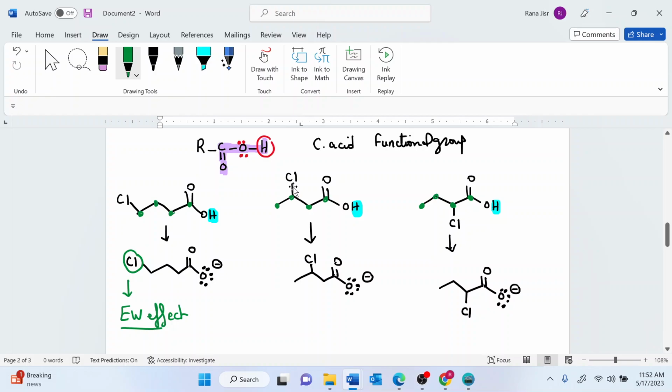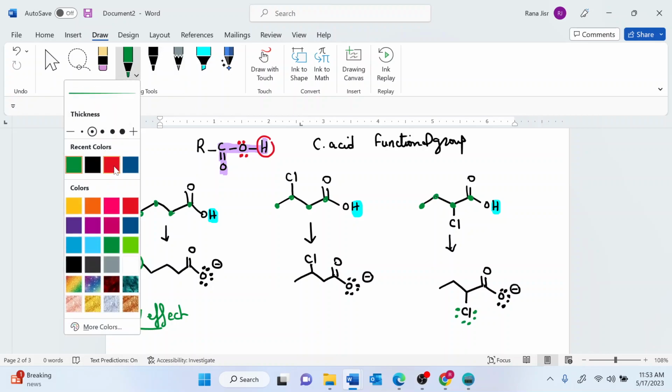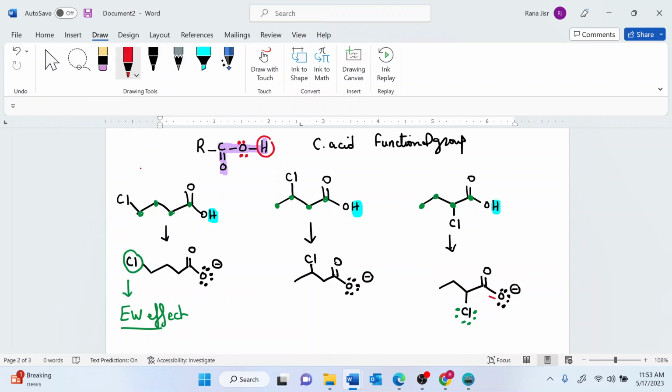Now, as the chlorine goes closer to the acidic hydrogen, in this case over here, see how chlorine is very close to the acidic hydrogen. It's actually adjacent to it. The acidic hydrogen is connected to the oxygen, to the carbonyl, and then immediately you have the chlorine. So the chlorine is going to have a stronger electron withdrawing effect in this case, and the electron pull is going to be towards the chlorine, as you can see.